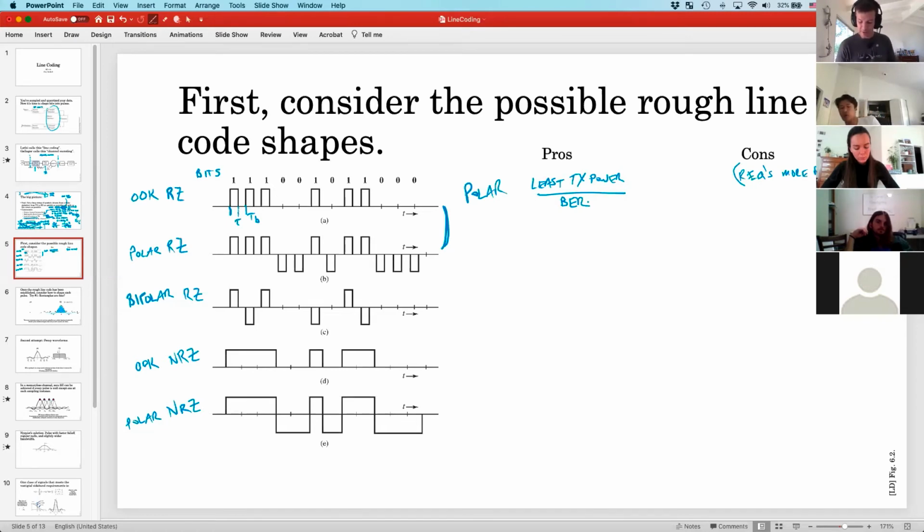So even though it requires more power on average than on-off keying, if you then normalize by how many bits are flipped, polar becomes superior to on-off keying. And I think the idea behind that is you can think of this in terms of constellations, where the constellation for on-off keying is positive or 0. And so the distance here is actually smaller than the distance if you were to do polar +1 -1.